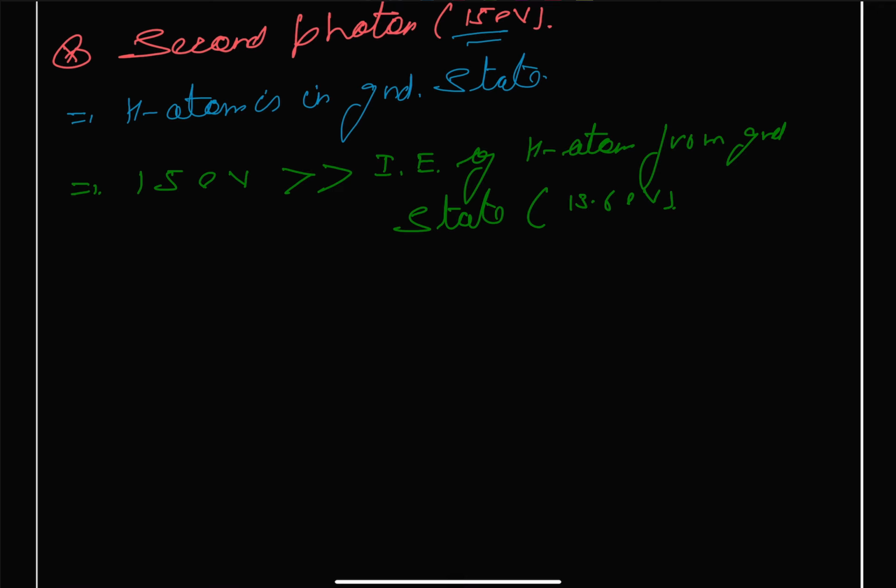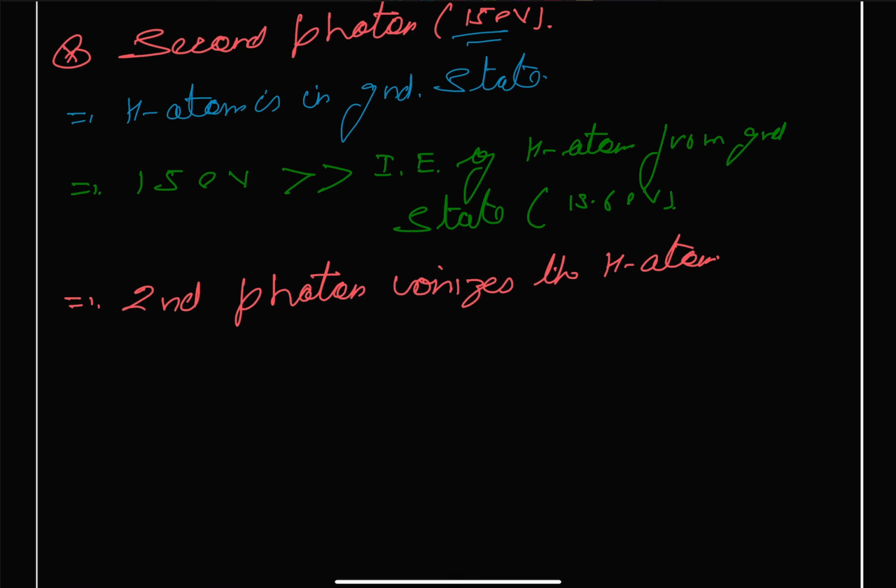So we can say that second photon ionizes the hydrogen atom, and we have excess energy.